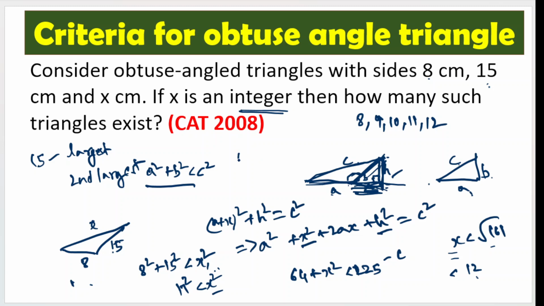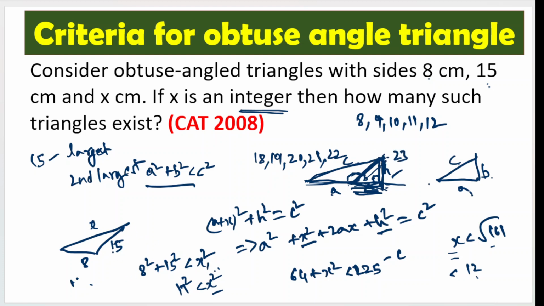So what can you take? Sorry, 17 it cannot take; it should be greater than 17. So 18, 19, 20, 21, and 22. It cannot take 23. Why?